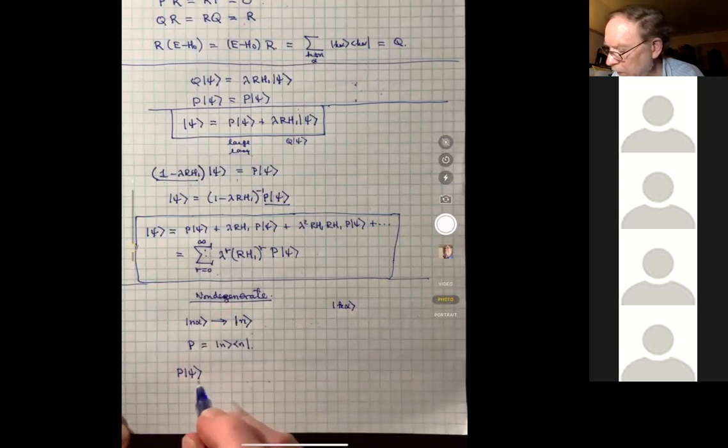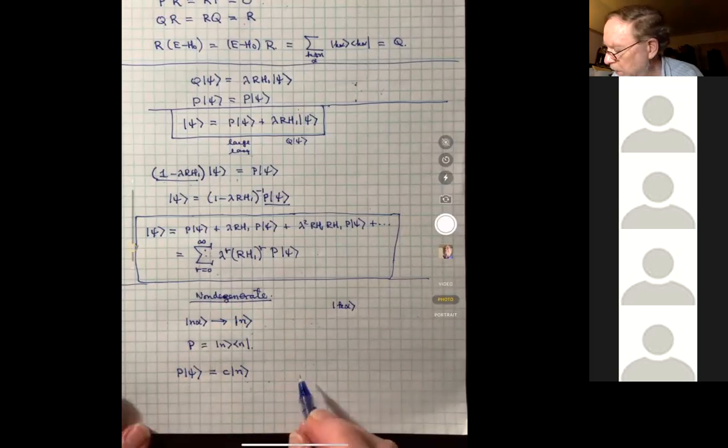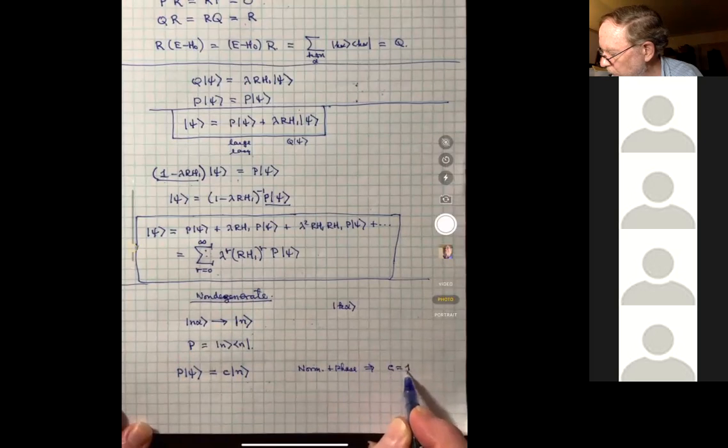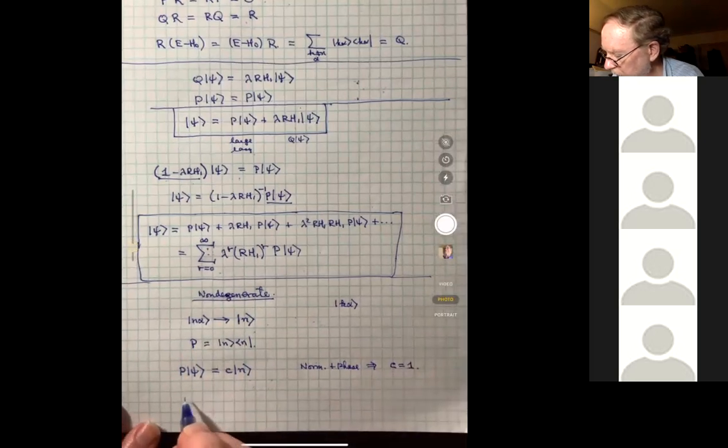So P psi must be proportional to n, with some constant C. Now, what is C? Well, C depends on the normalization and phase for psi. We didn't say what that was, and you can choose it to be anything. So let's choose the normalization and phase of psi to make C equal to 1. We can do that. If we do this, then P psi is equal to n.